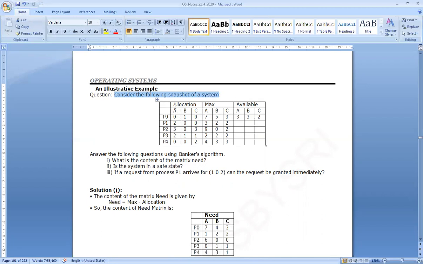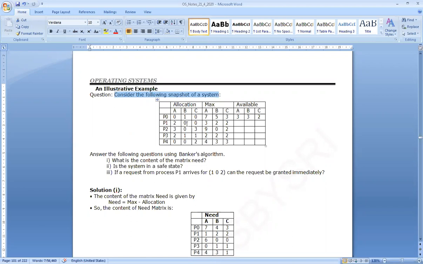Allocation-wise, we have resource A, resource B and resource C. In the allocation, 0 instances of A, 1 instance of B and 0 instances of C are allocated to P0. 2 instances of resource A, 0 instances of B and 0 instances of C are allocated to P1.